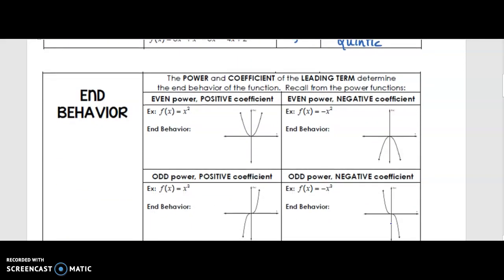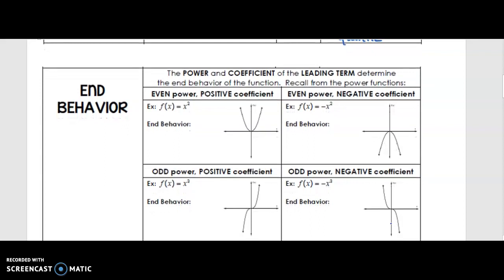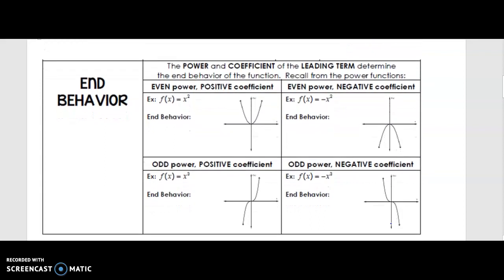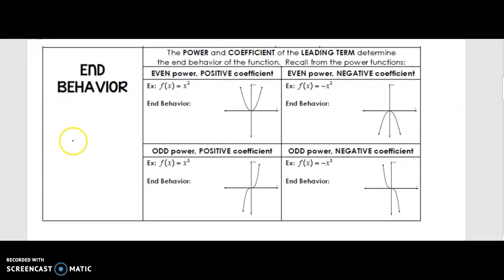So now this is the most important part, the end behavior. We'll use this a lot. If you see, this is an example of a quadratic, right? It has an even power because 2 is an even number, and also the sign before it is positive, which means it has a positive coefficient. It could be 1, it could be 2, it could be anything above 0, of course not 0.